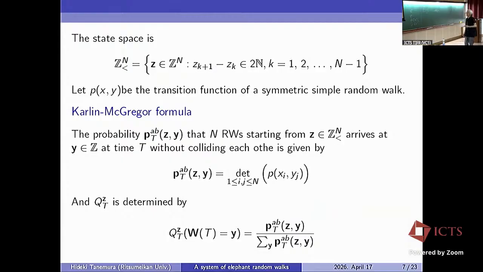The probability that n random walks starting from z, the sequence z_1, z_2, ..., z_n, arrive at y at time t without colliding with each other is given by the determinant of the transition probabilities. This is the Karlin-McGregor formula, a very old formula, from 1959.